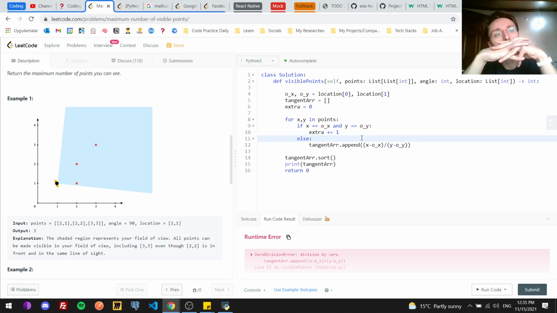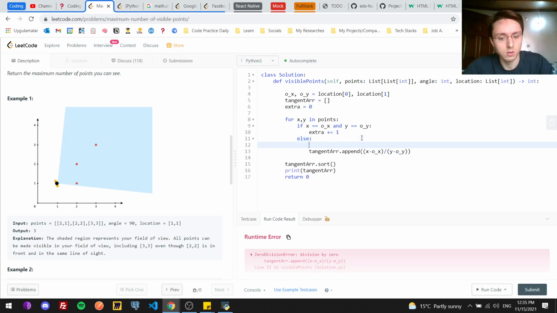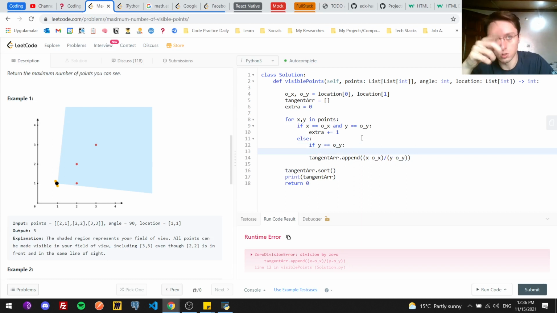Maybe if they are equal, so if y equal to origin y, that means it is just maybe up or down.